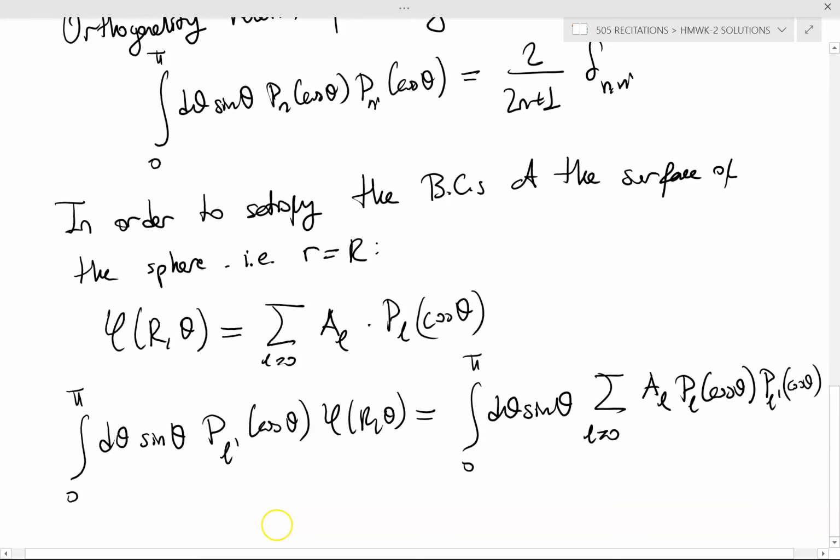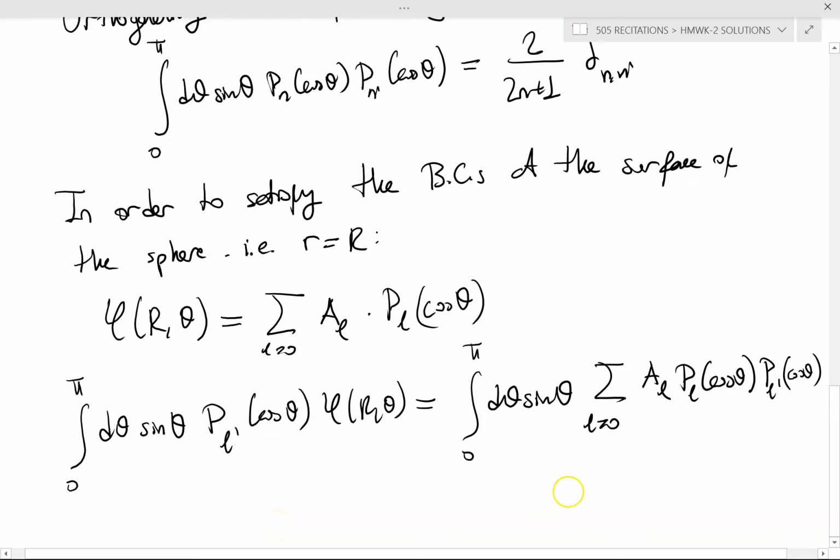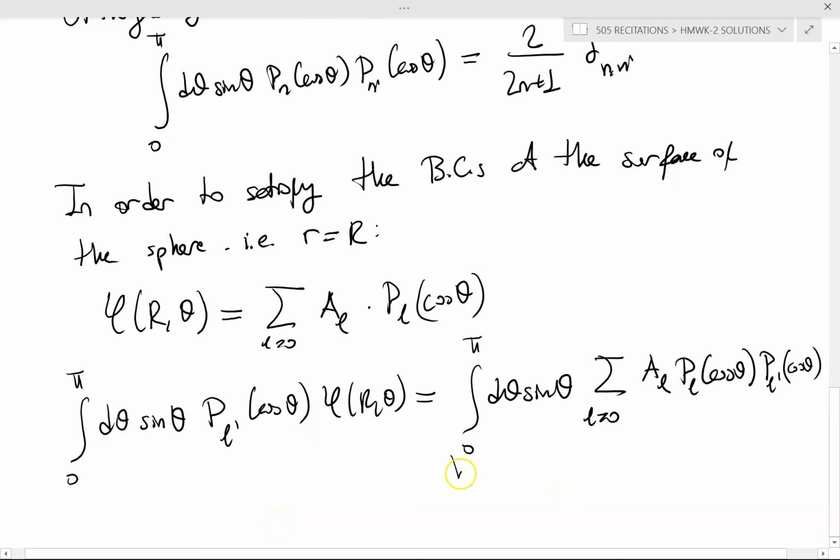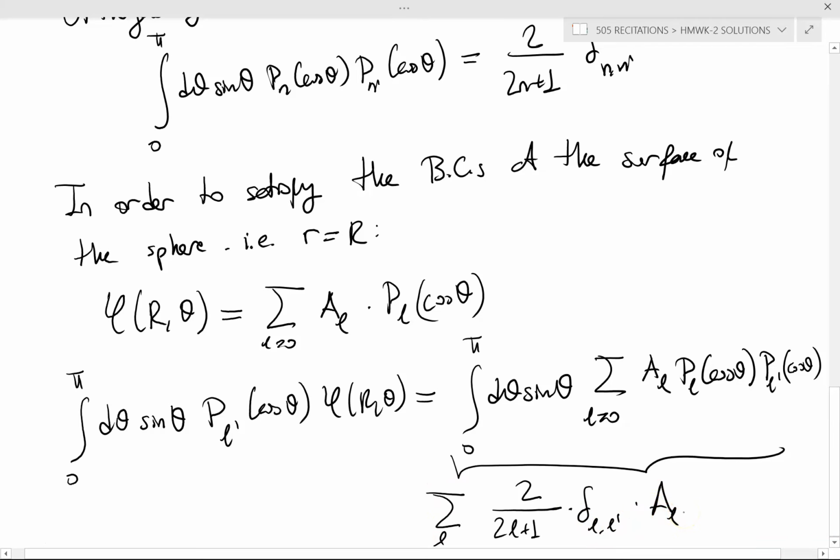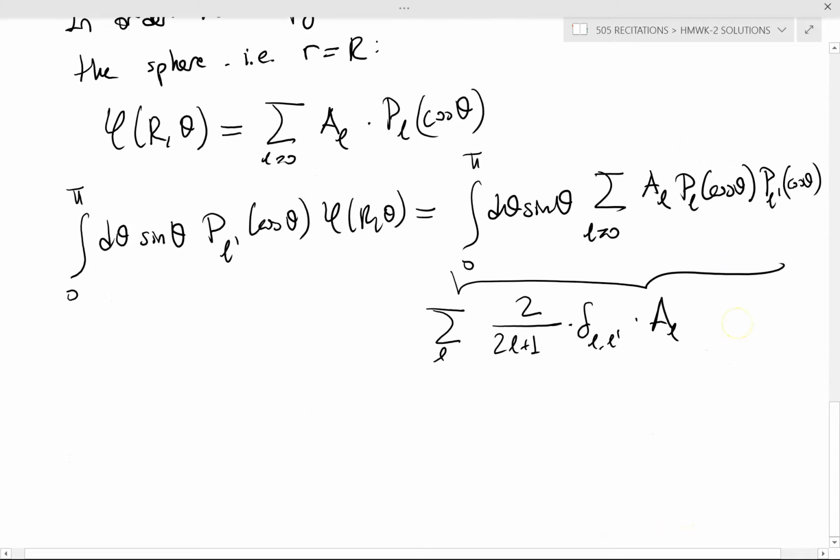But you see, now again this whole expression turns out to be nothing but 2 divided by 2L plus 1, delta L L prime, over the A_L.